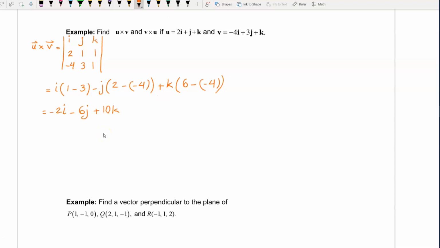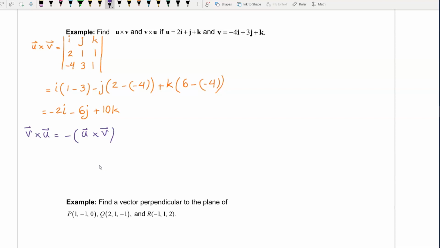And I simplify, so this is equal to negative 2i minus 6j plus 10k. And now finding v cross u, this is equal to negative times u cross v. So it's the opposite sign of u cross v.